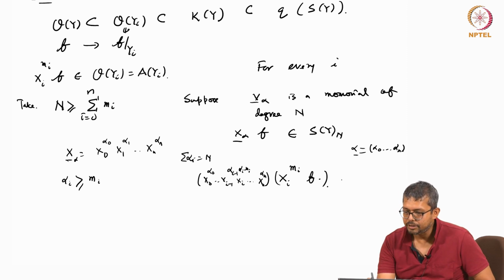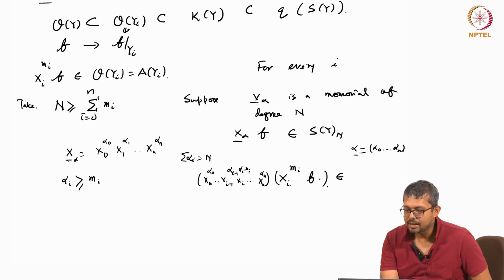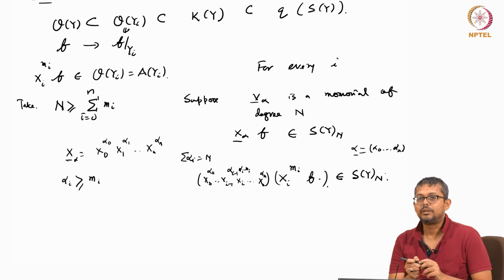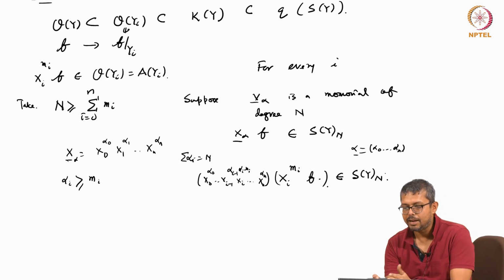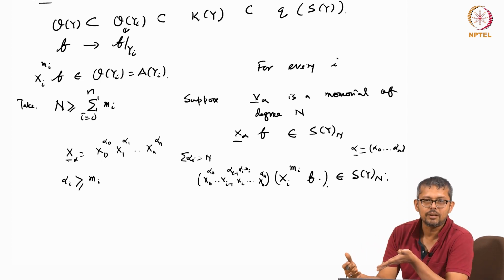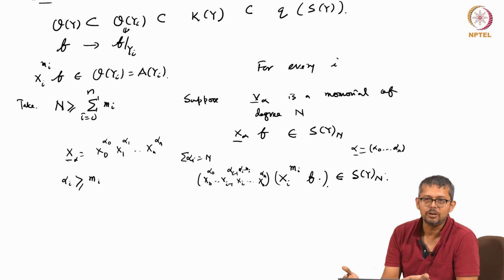Right. Now this will imply that this is in S_Y to the power n, because when you multiply by this, it becomes a polynomial, and then multiplying by a monomial keeps it a polynomial.